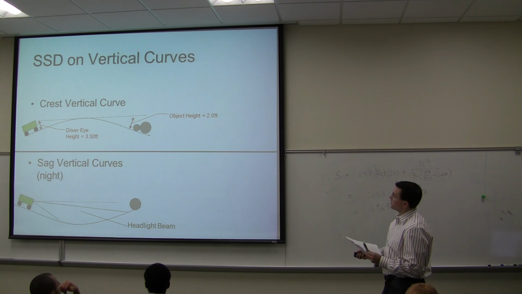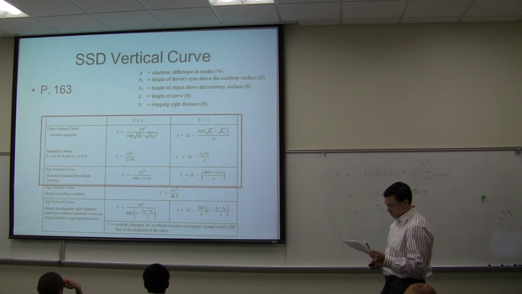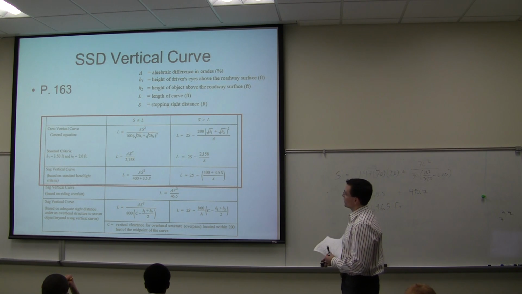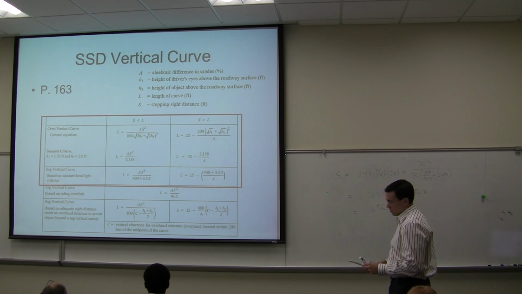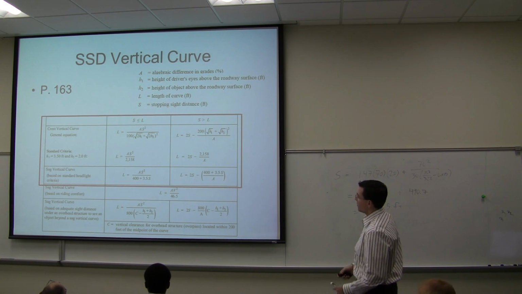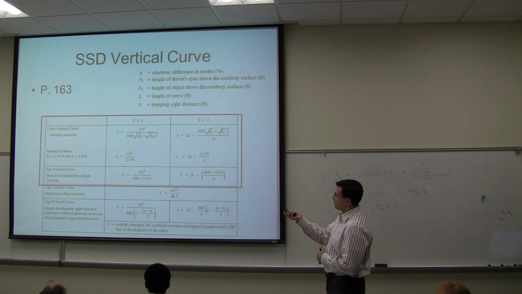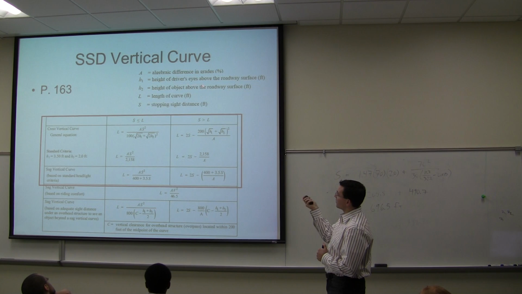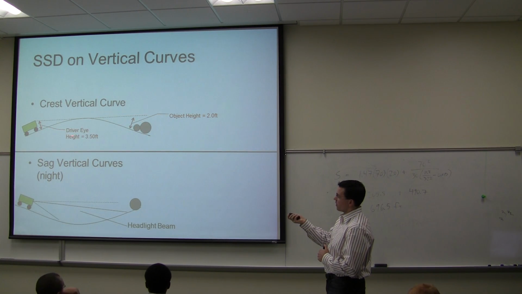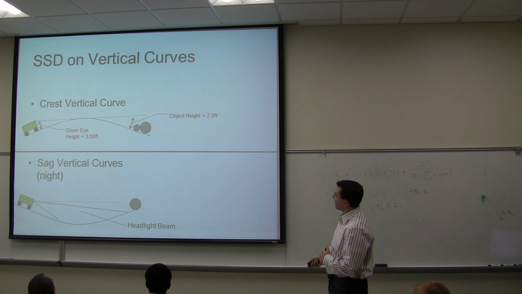So the equations here on this first page, page 163, these are the equations that allow you to calculate L, the length of curve for the vertical curve problems, given if it's a crest vertical curve. So we've got the crest. H1 is the height of the driver's eye, and H2 is the object height.